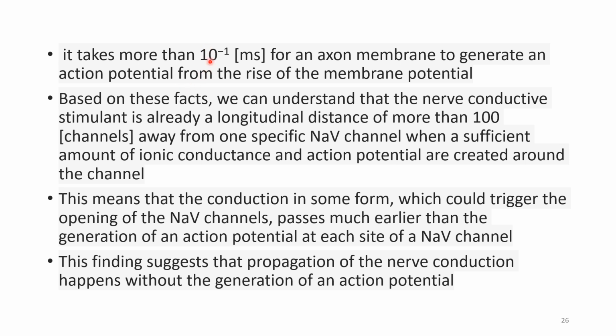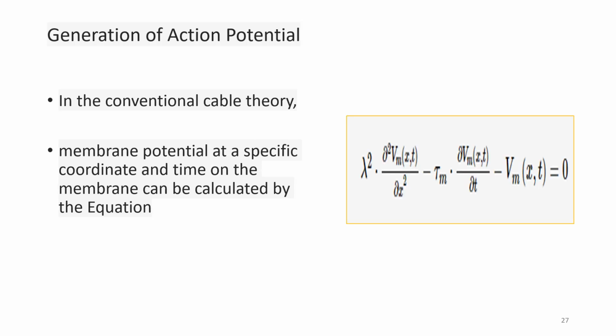Because it takes 10 to the power of minus 1 milliseconds to generate an action potential, but in this time more than 100 channels are opening. So these channels are opening up the next channels also. So there is no need to produce an action potential in smaller unmyelinated nerve fibers mainly.